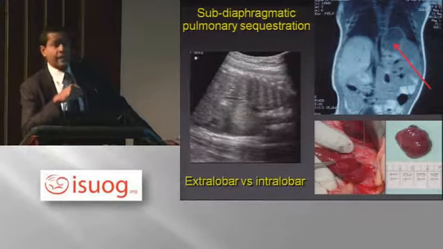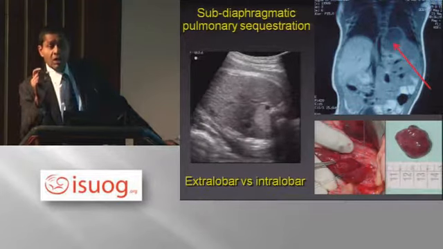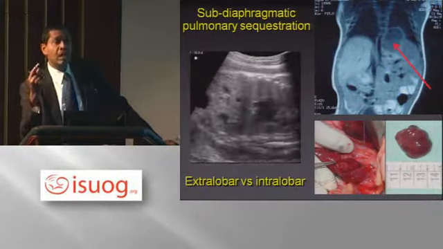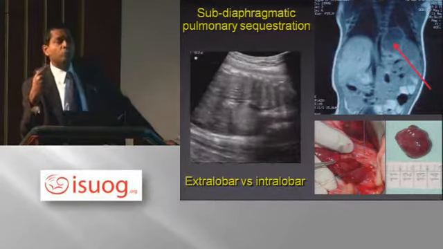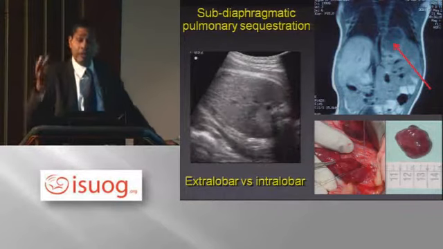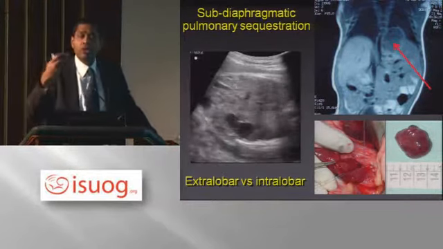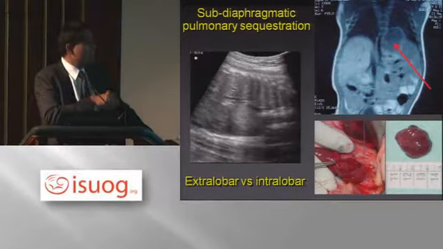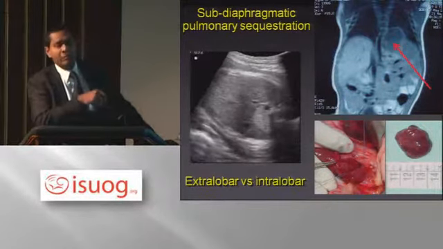Extralobar CCAMs, or extralobar sequestrations, are more prone to torsion and more prone to developing pleural effusions, and also more prone to spontaneous regression, because as it torts, the blood supply becomes constricted, and you will see a lesion which then disappears. So this is a histological distinction that we cannot make antenatally.